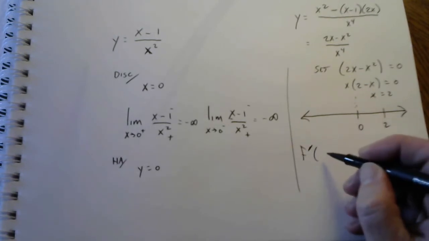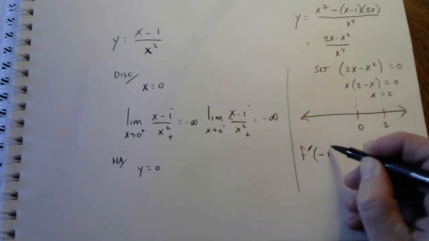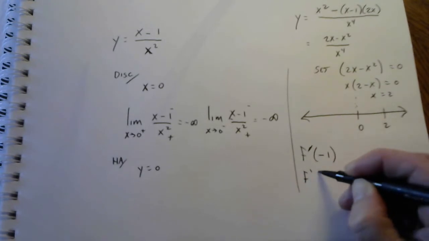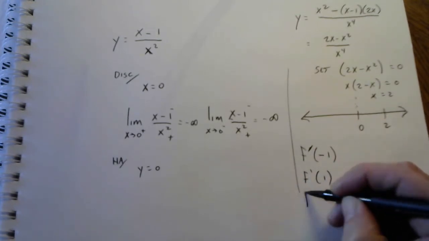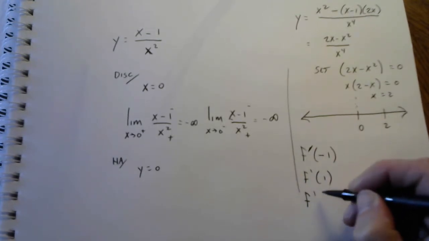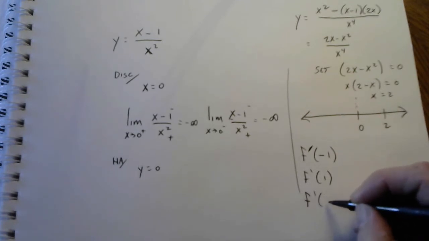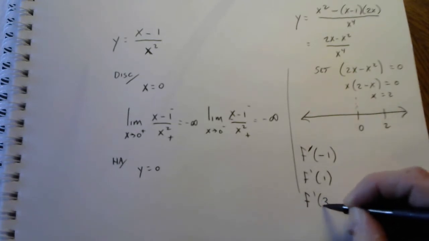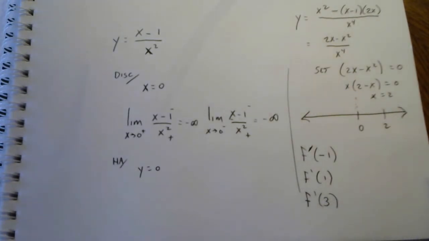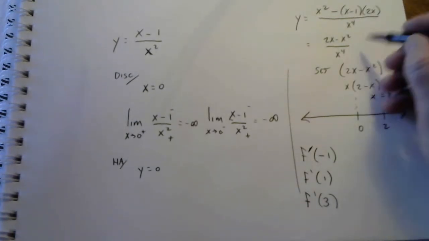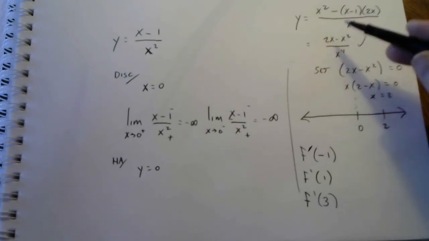f prime of negative 1, f prime of 1, f prime of 3. Okay, so I'm going to go back to this, and I'm actually going to put the numbers in here this time.